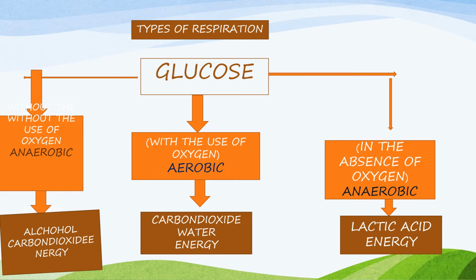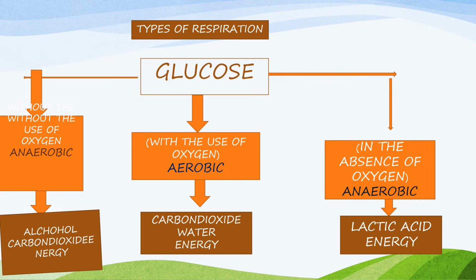So in this slide, see the flowchart carefully, listen and read the textbook. You can understand very clearly. There are two types of respiration. One is aerobic respiration and the other one is anaerobic respiration.